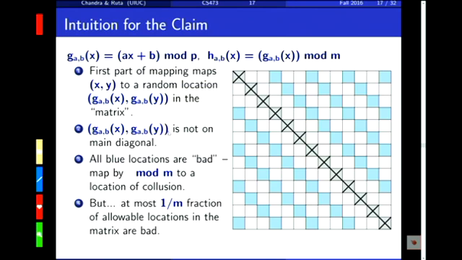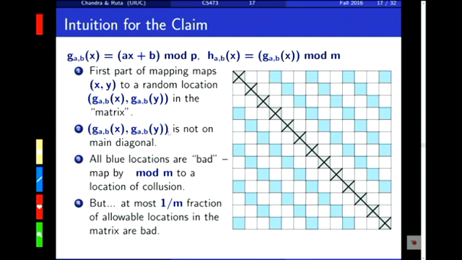So when X is not equal to Y and you apply this G function, so you do mod P, then you go to some non-diagonal square. In fact, every time you change AB, you will go to a different square, not on the diagonal. Because there are P times P minus 1 possible values of AB, you will generate P times P minus 1 possible values of R comma S. And these are exactly the number of possible values of RS. Right?